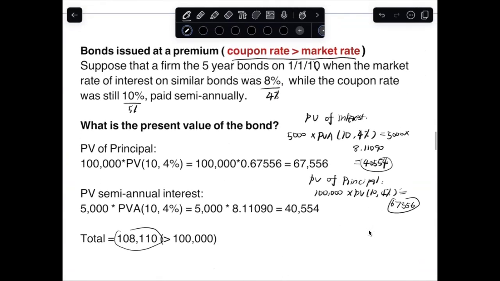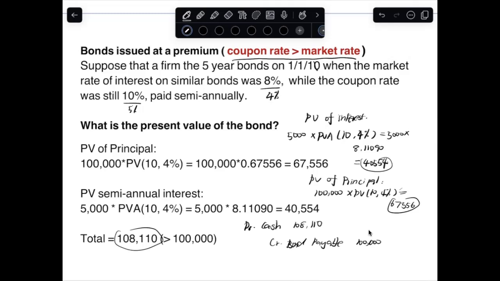And in this case, the bond is issued at a premium. Debit cash, the price of the bond. And the bonds payable, which the company will pay back later, 100,000.